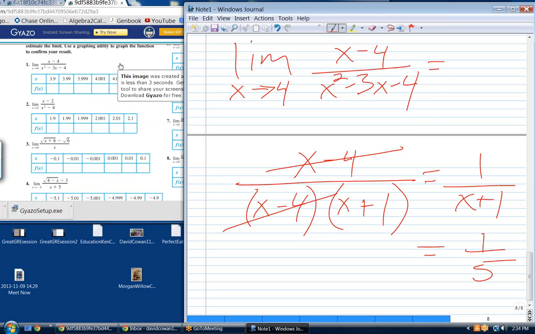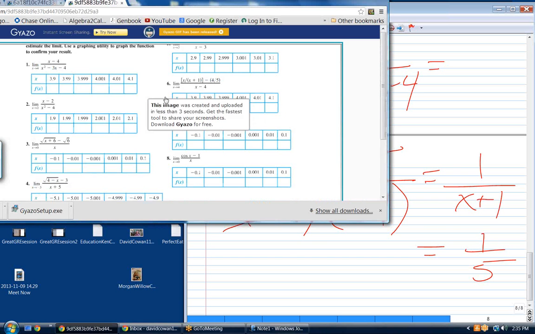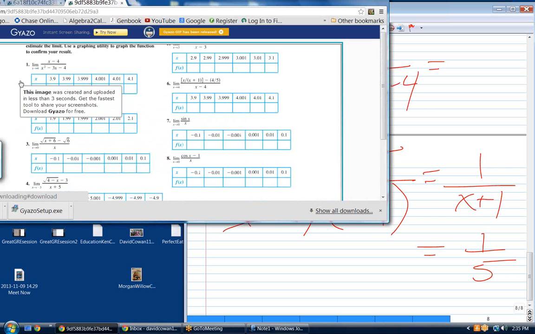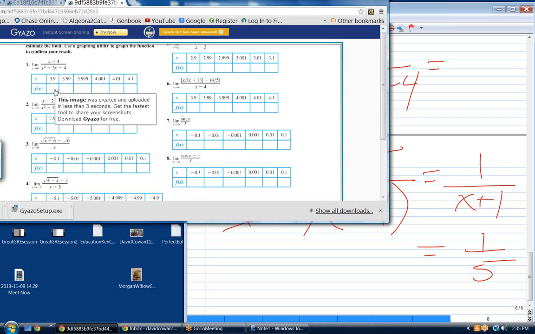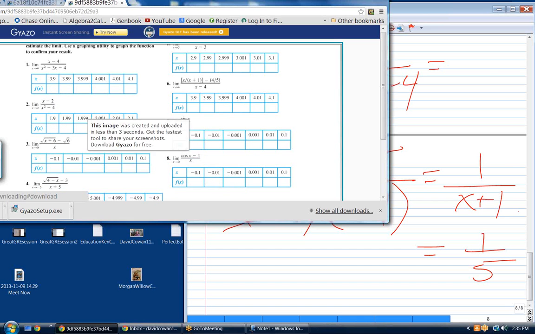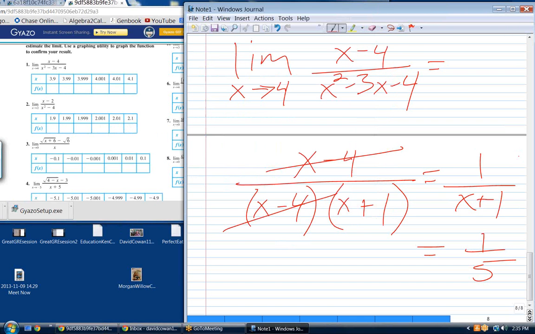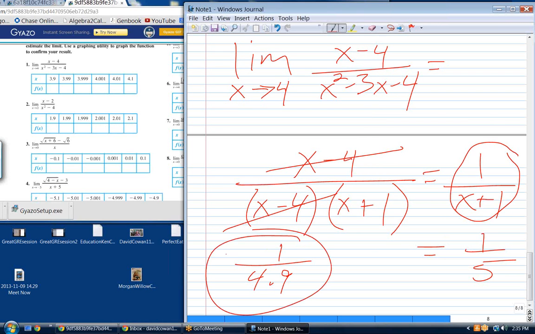Now I'm just looking at these tables here. I assume that they want you to fill in this table also? Yes. You know how to do that, don't you? Yes, I understand how to fill in that other table. In other words, to figure out f of 3.9, plug in 3.9. I could actually plug it into this. In other words, it's 1 over 3.9 plus 1. So that's the first one, whatever number that comes out to be. And then the second one is going to be that.